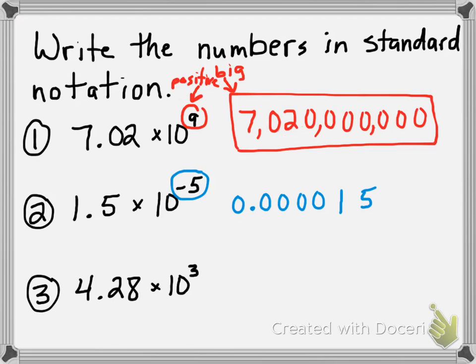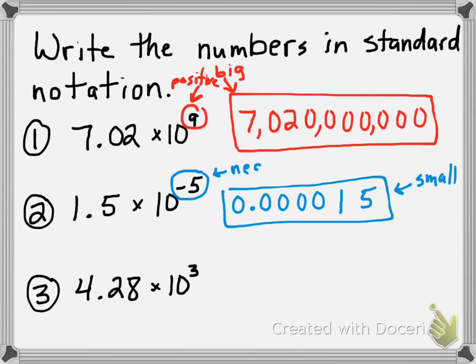Okay, so this is telling me that 1.5 times 10 to the negative 5th power is the same as 0.000015. So that's my answer. And again, I'm checking. It's a small number and it's a negative exponent. So that means I moved the decimal the right way.